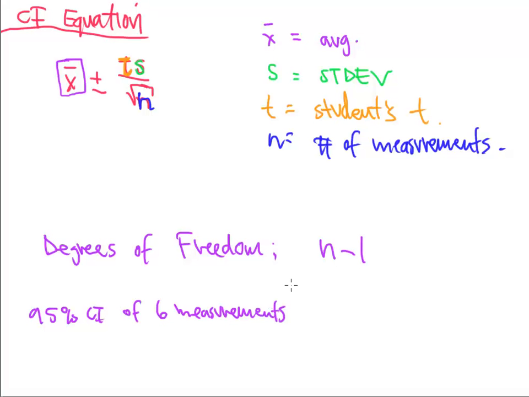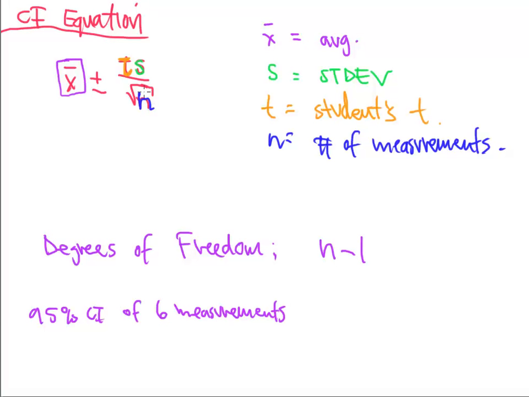That means I've taken an item in the laboratory, I've tested it 6 times, over and over. And I did an average, and I did a standard deviation of that, and I need to report a confidence limit. Well, for the variables of the equation, I need to know my student t, and I need to know the n.